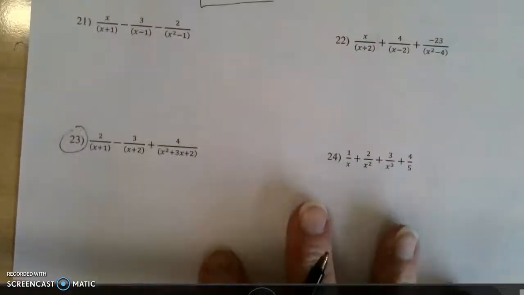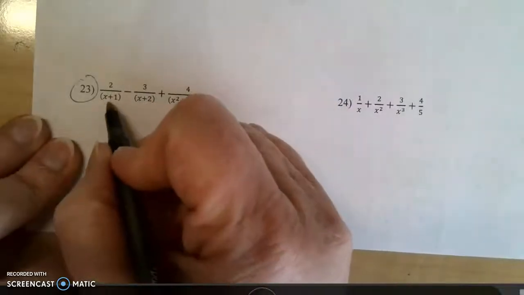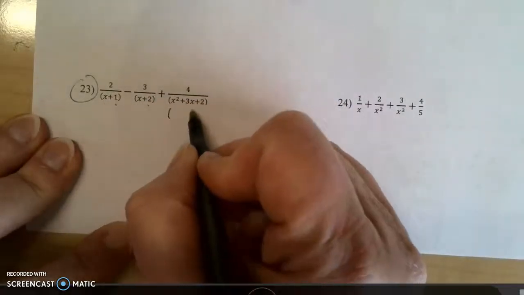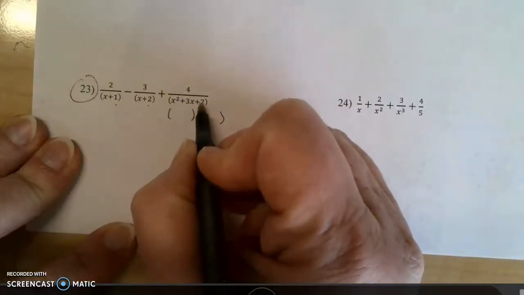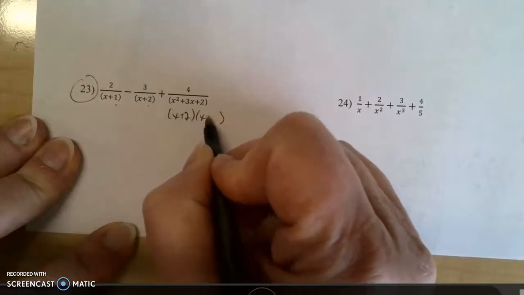All right, this is as hard as it's going to get, so let's give it a try. This cannot be factored, this cannot be factored, but this can. Same sign, 2 times 1, so I've got x plus 2, x plus 1.